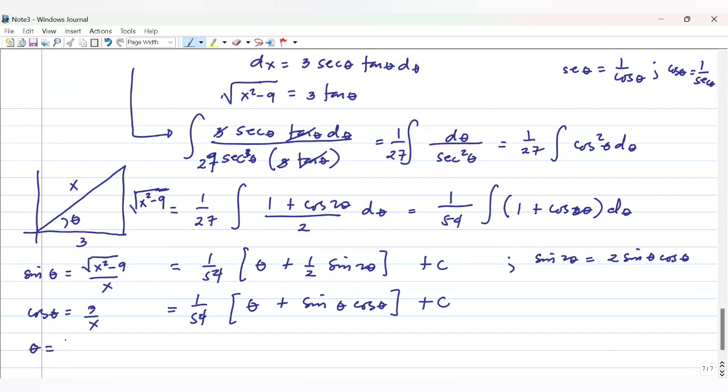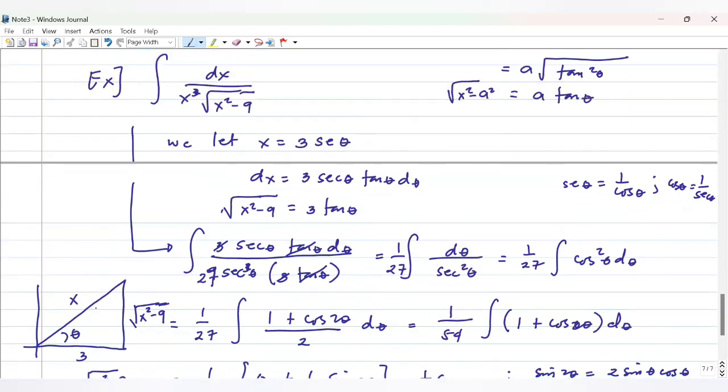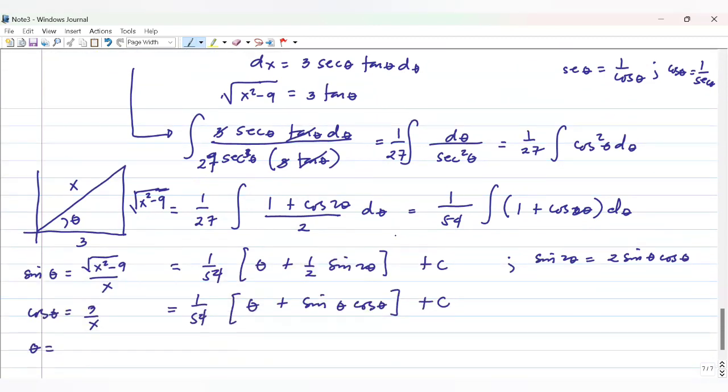And what is our theta? We look at this one: our x is equal to 3 secant theta. Therefore, theta will be the arcsecant of x over 3.